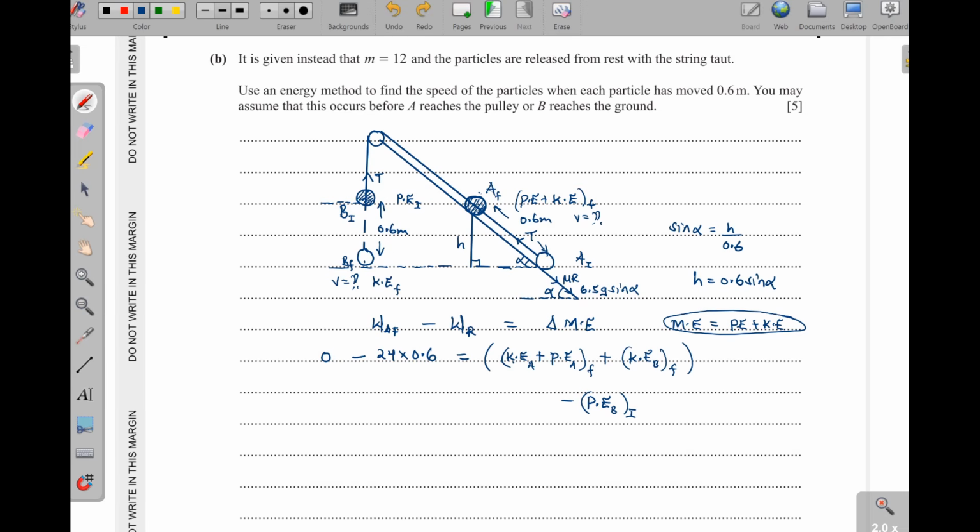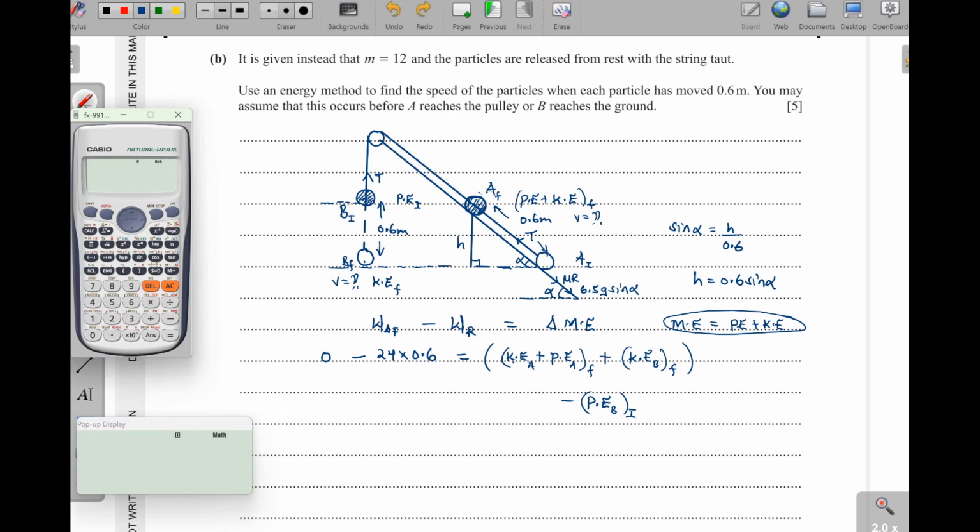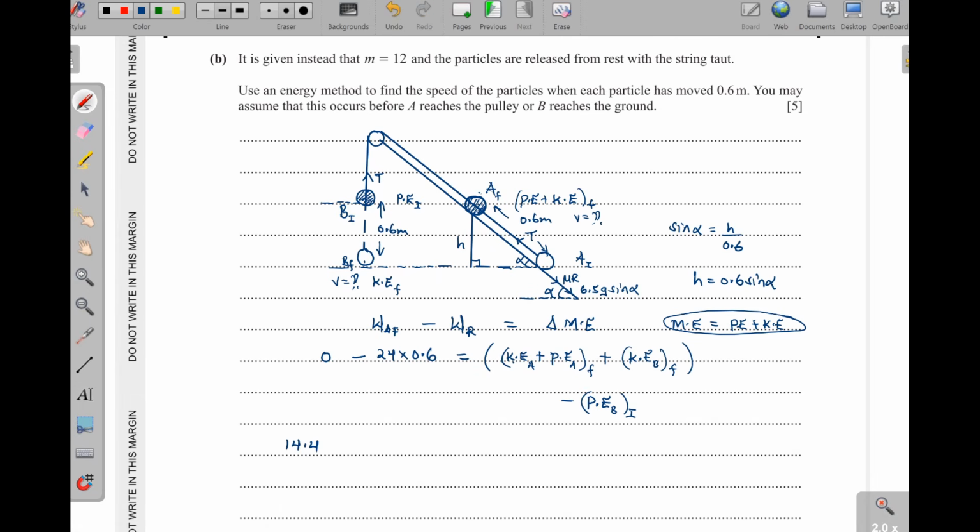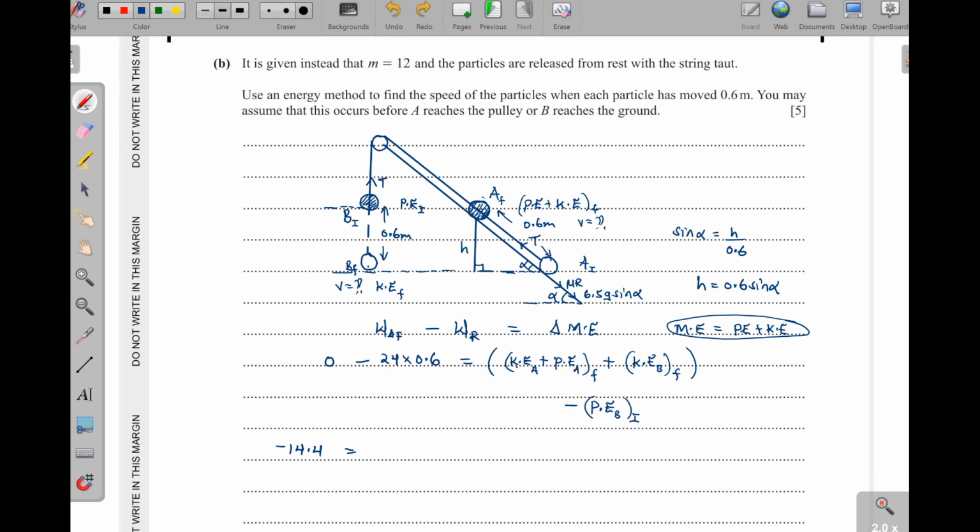Now let's substitute. This one here, 24 times 0.6, that one is 14.4, so we have 14.4, it's a negative. Then this side, kinetic energy for A is a half times the mass, which is 6.5, times the speed, we don't know it, okay? Then plus the potential energy is mgh, so the m is 6.5 times the g is 10, and then the h is this one here, which is 0.6.